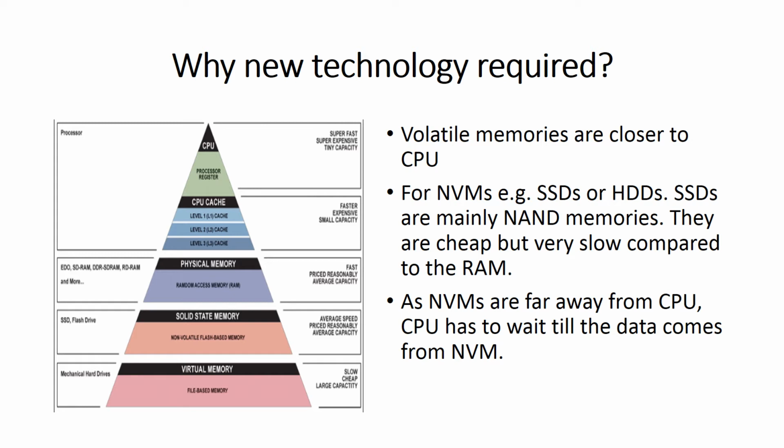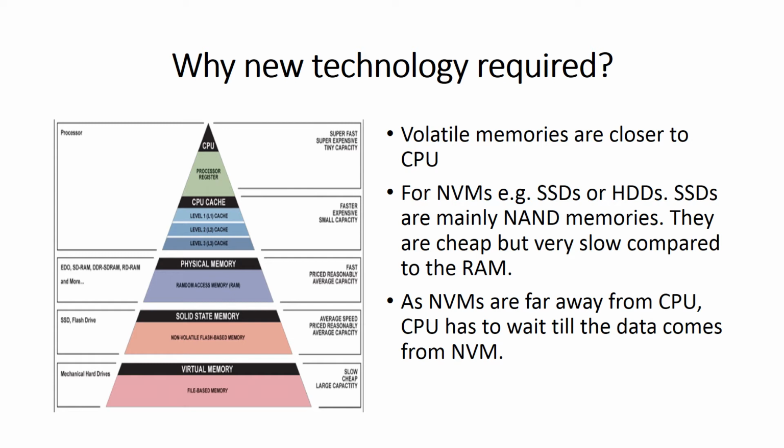So in this memory pyramid, we can see that the nearest memory to the CPU is the cache memories. They are all temporary memories, and there is more than one level of cache. And then come the random access memories, which are volatile memory and need a power supply to access the data.